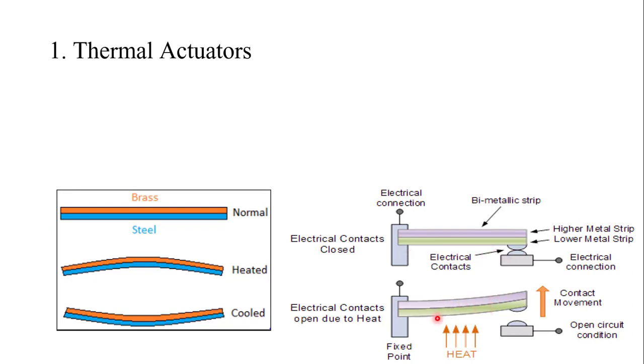But when the heat is applied and it is overheated, due to the difference in their linear thermal expansion coefficient, the upper material expands less, but the lower material expands more. Fine. So the contact will be broken. So it is purely dependent upon the thermal properties of the material.